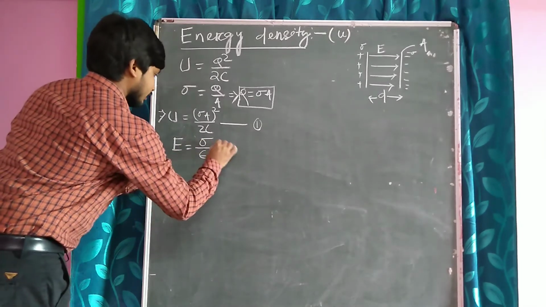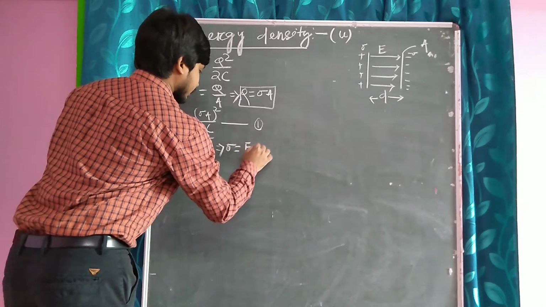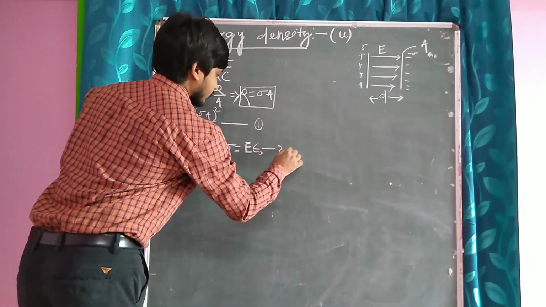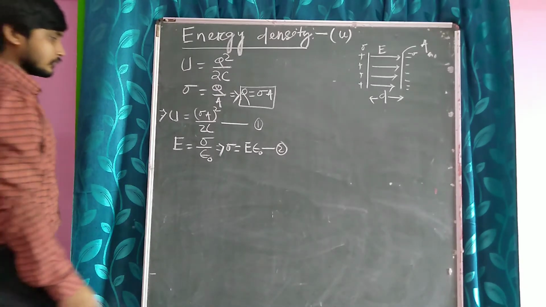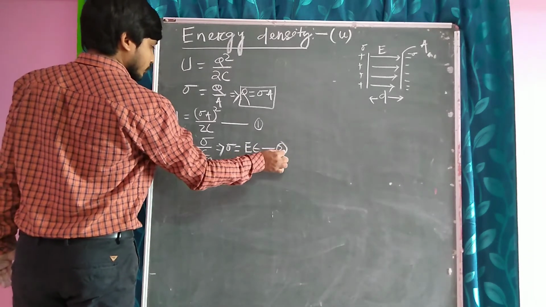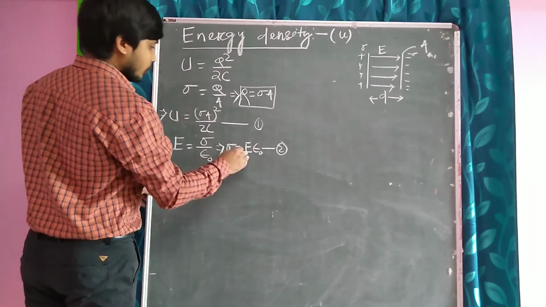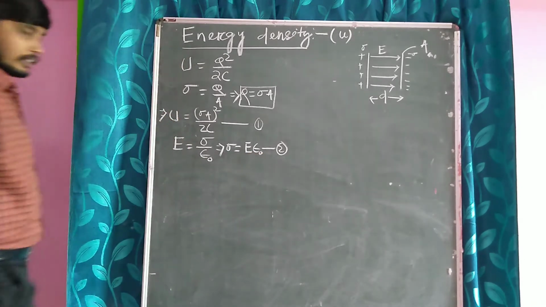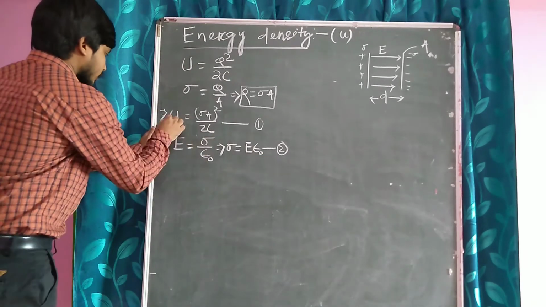I can say that sigma will be equal to E epsilon naught. Let it be equation number 2. So now we can use equation 2 in equation 1 in place of sigma, so the value of sigma will be E into epsilon naught.